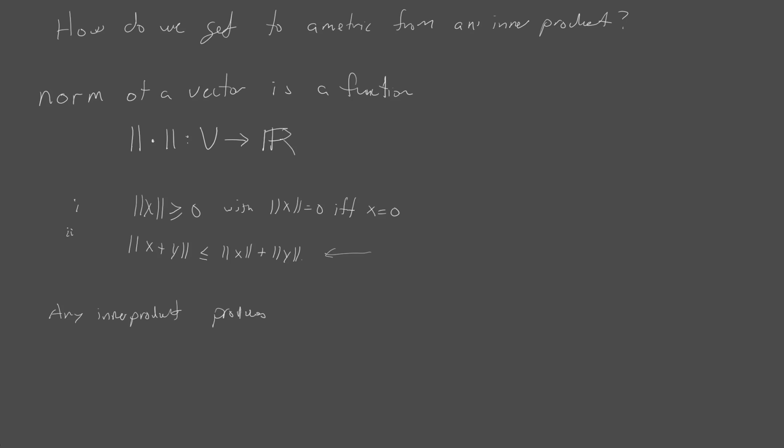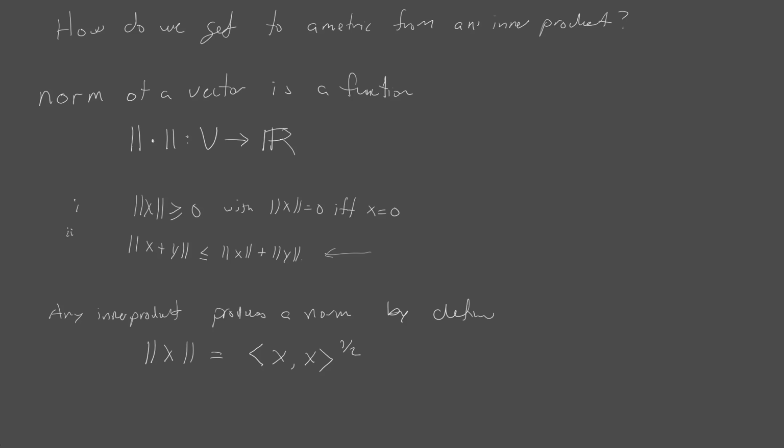Okay, so what I want to say is any inner product produces a norm by defining the norm of x to be the square root of the inner product of x with itself.